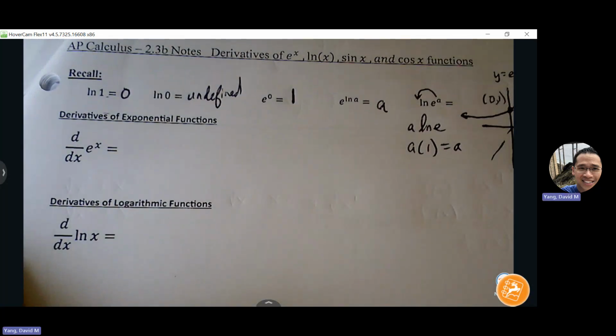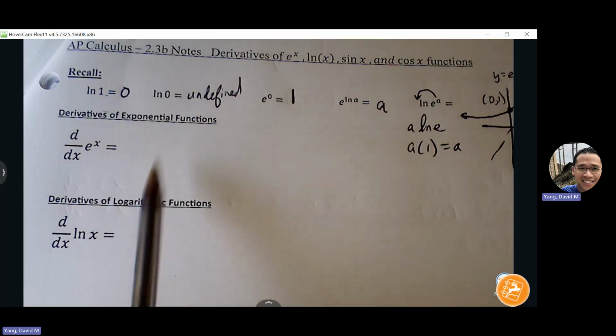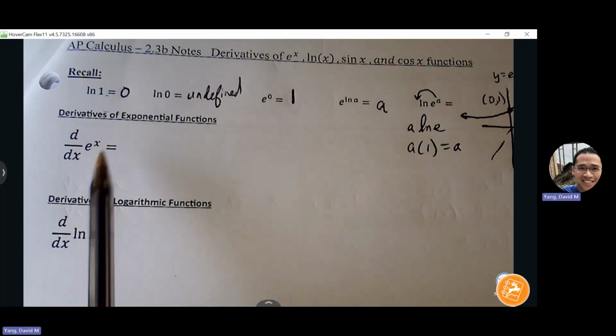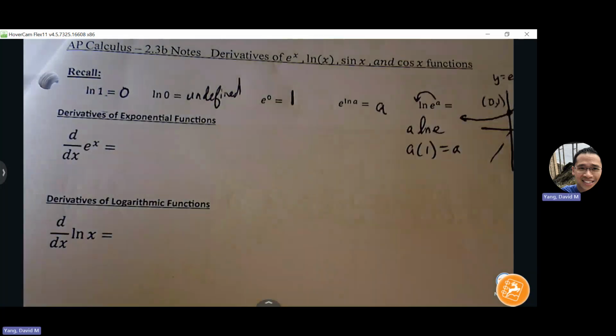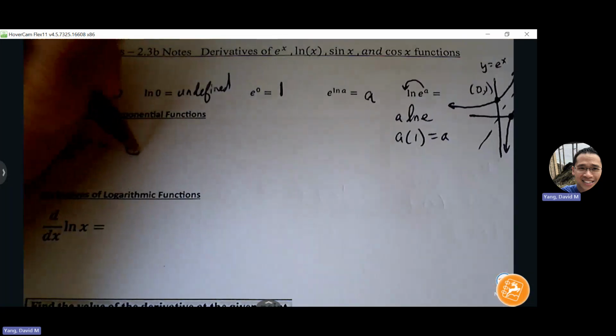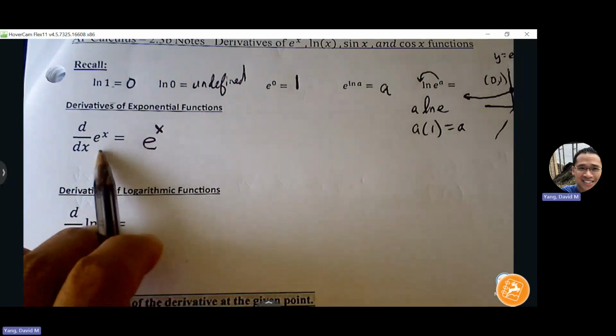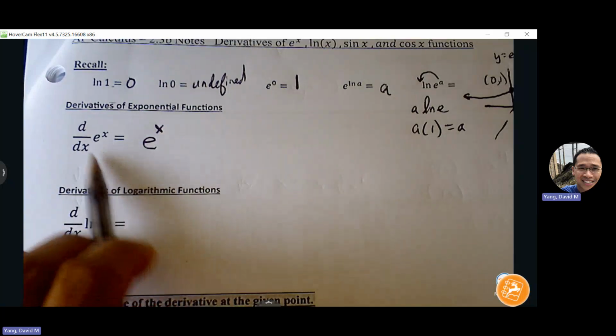So we have derivatives of exponential functions and derivatives of log functions. Right now, we're just focused on base e. We're going to talk about other bases later, but these are the main ones. Okay, so e to the x's derivative is simply just e to the x. So that's nice. The exponential function's derivative is just the original expression.